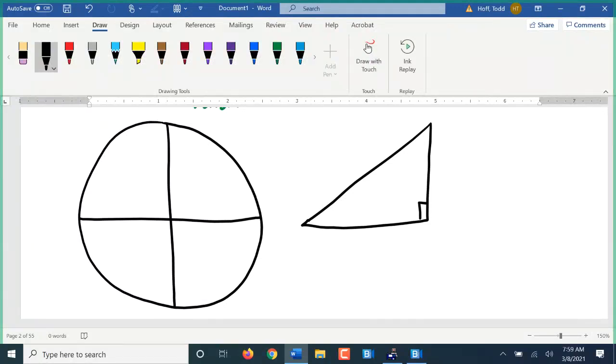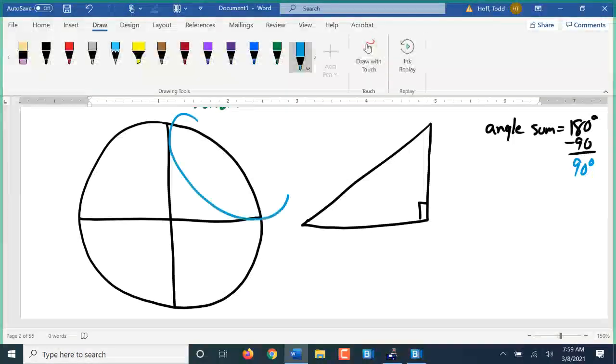The other two angles both have to be smaller than 90 degrees, because the angle sum is 180 degrees. One angle's 90, that only leaves 90 degrees left for the other two angles. So they both have to be smaller than 90. They can't be 0 degrees. That means we've only been dealing with trig functions in this portion of our unit circle.